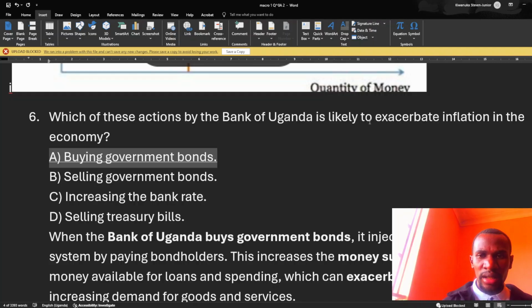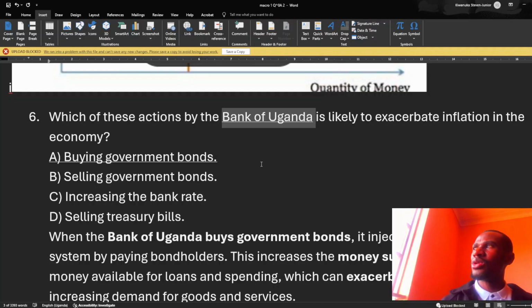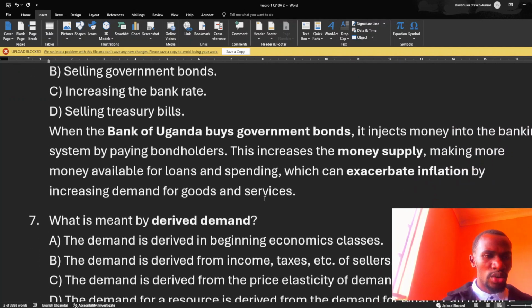Which of the following is likely to exacerbate the inflation? Exacerbate, we have said, means to worsen the situation. Whenever the Bank of Uganda buys government bonds, that means it is doing more injection, because it is buying, it is giving out money. And that means it is worsening the situation.